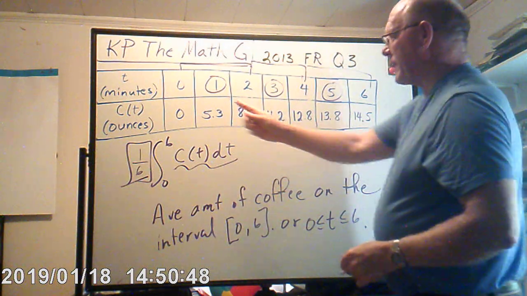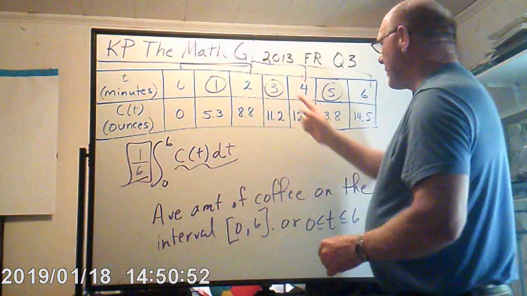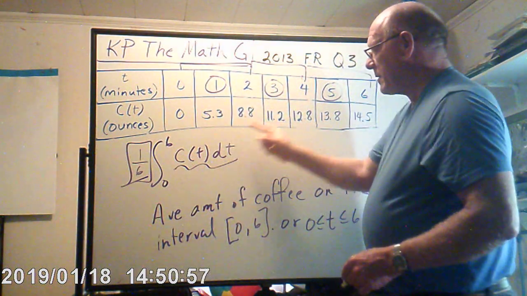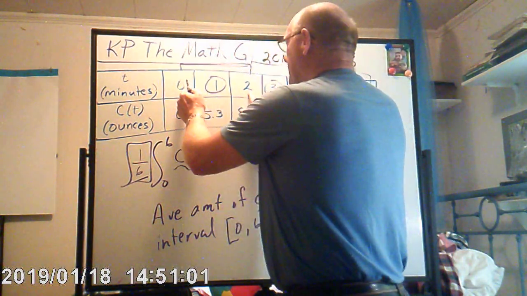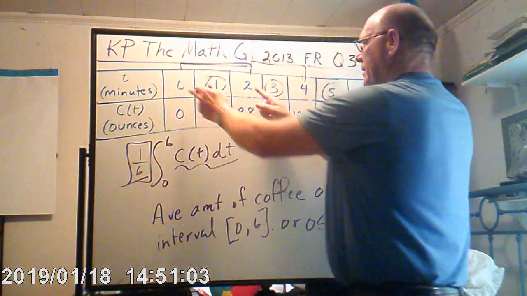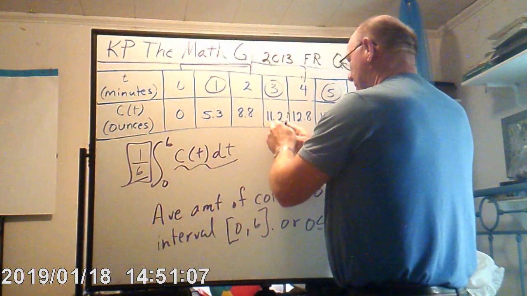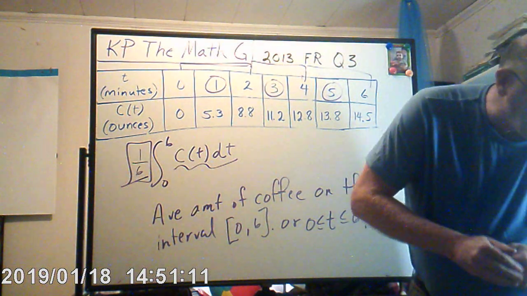The middle between 0 and 2 is 1. Between 2 and 4 is 3. Between 4 and 6 is 5. And then you would just multiply those. And then the interval, of course, is going to be times 2. 2 times this, 2 times this, and 2 times this. I do believe that is correct.